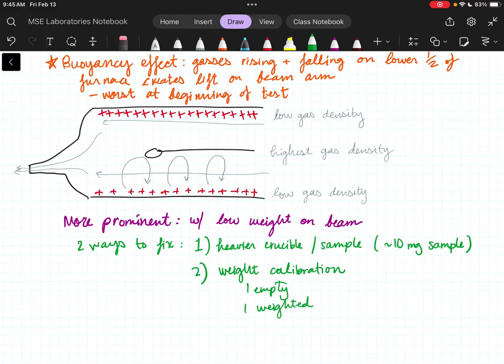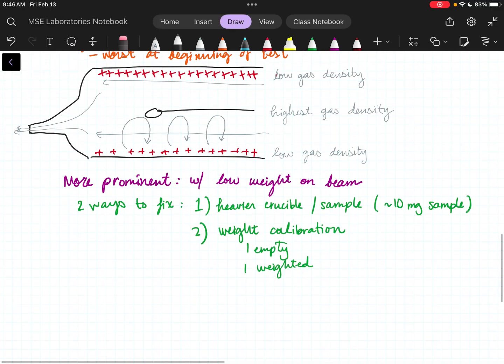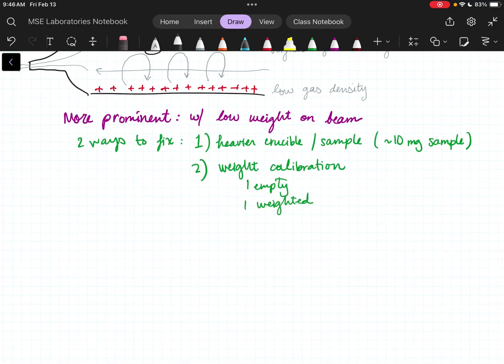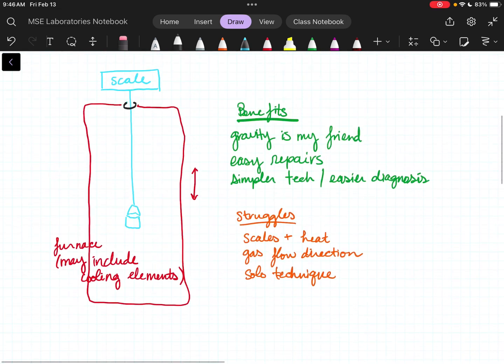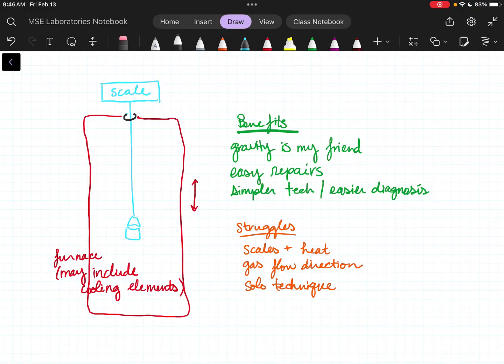So 2 ways to fix the buoyancy effect. One is heavier crucible or sample. About 10 milligrams of sample. The second way to fix it is to calibrate, and we always do a weight calibration.